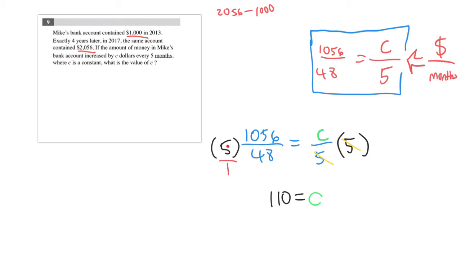And in the case of a fraction times another fraction, you could always just multiply straight across. 5 times 1056 up top, 1 times 48 down below. Then you'd have some large number up top divided by 48, and that would give you 110. Hopefully that makes sense.